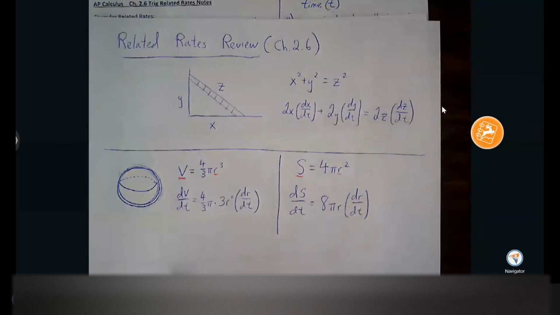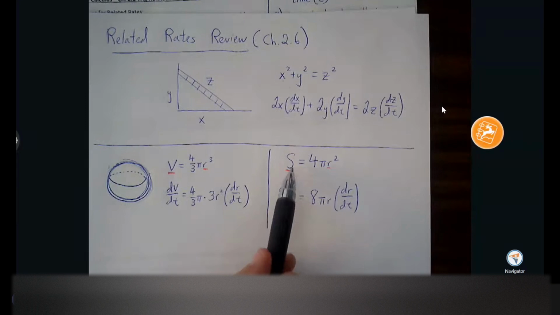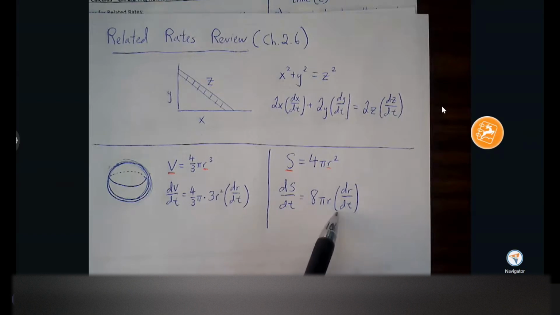So V became dV dt, 4/3 pi stayed as a coefficient, r cubed became 3r squared dr dt. And then S became dS dt, 4 pi stayed, r squared became 2r, and the 2 multiplied with the 4, making it 8 pi r, and then dr dt.